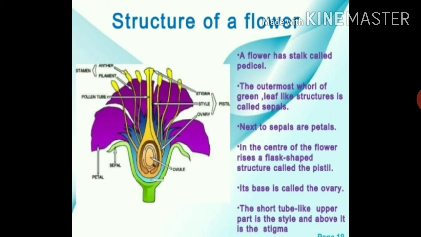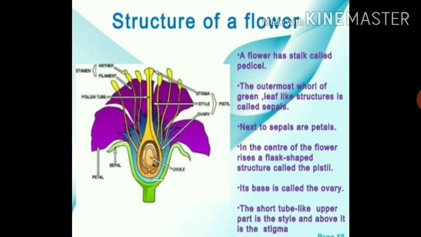So the leaf-like colored whorl next to the sepals is called petal and the petals are collectively called corolla. The bright color and fragrance of the petals attract insects that help in reproduction. Different flowers have petals of different color.